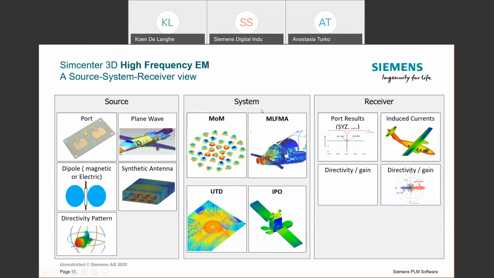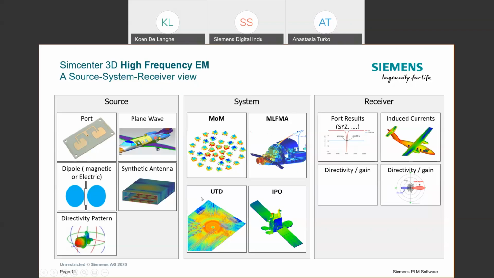In addition, we also have MLFMA, which is fast multipole expansion, which allows you to run very large models. For example, if you put electronics inside a helicopter or inside an aircraft, you want to do a compatibility study on the entire aircraft or on the entire helicopter. Typically, you would do that with MLFMA technology. Then these actually are detailed, full wave, high fidelity technologies, very accurate.